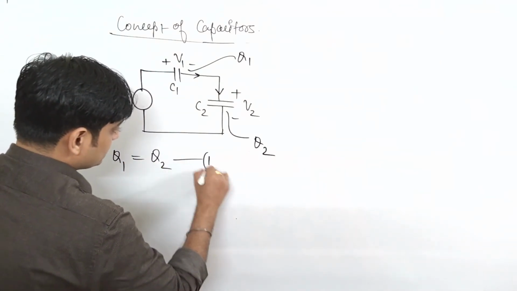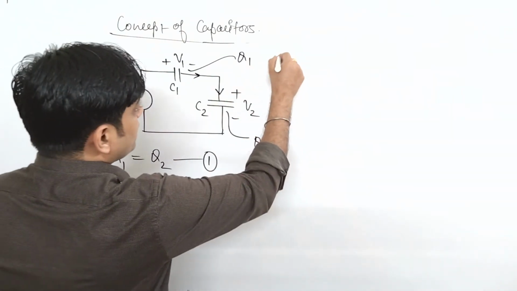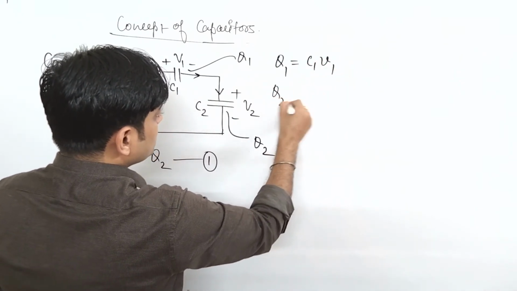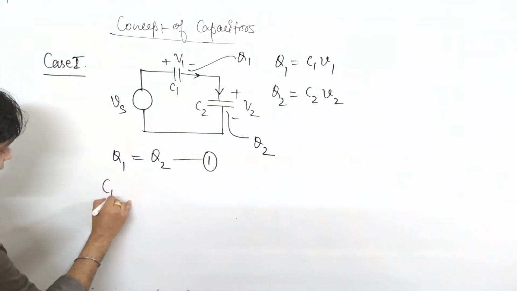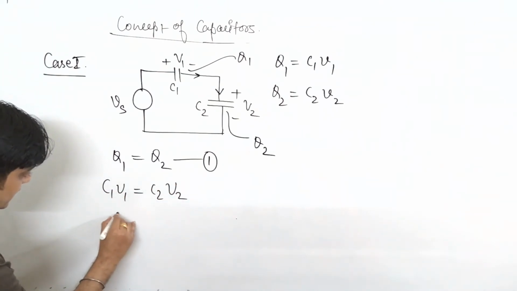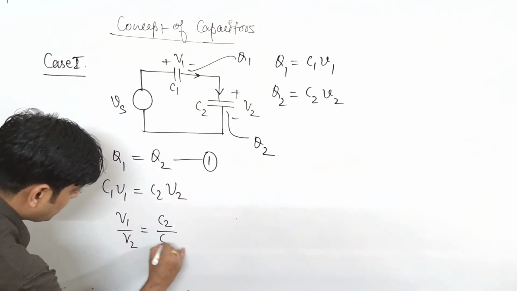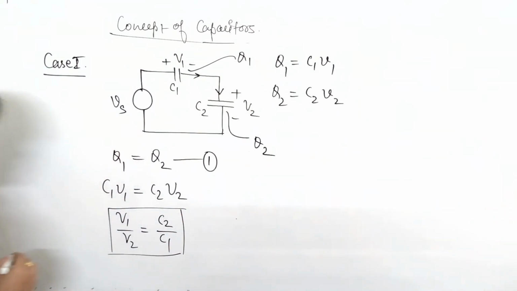Very important. Q1 is C1V1, Q2 is C2V2. So from here C1V1 is equal to C2V2, or V1 upon V2 is equal to C2 upon C1. Okay, this is one formula.